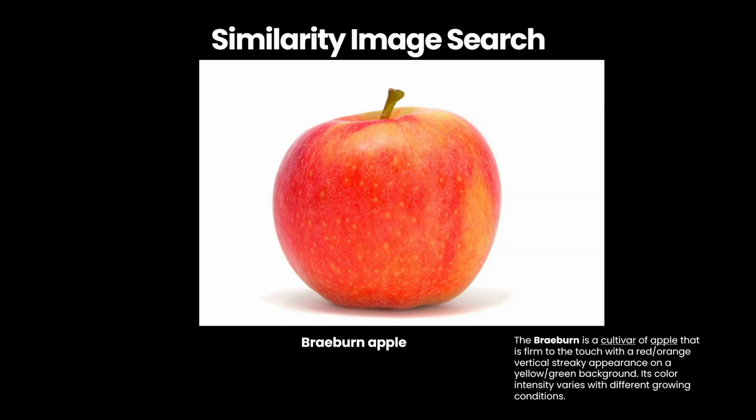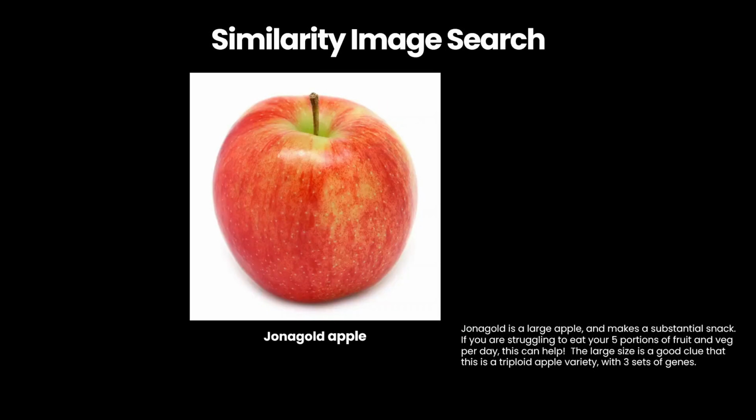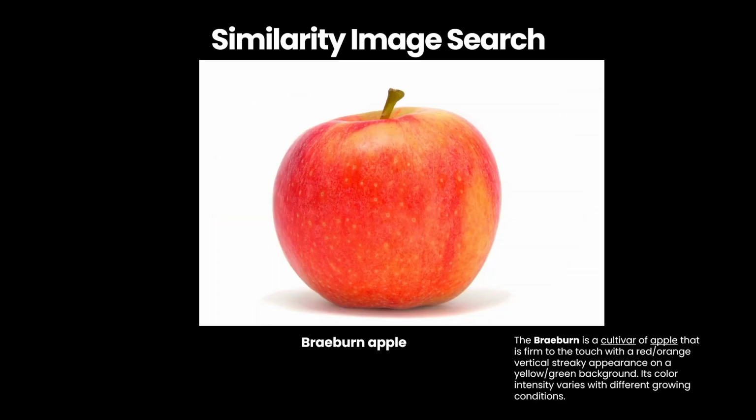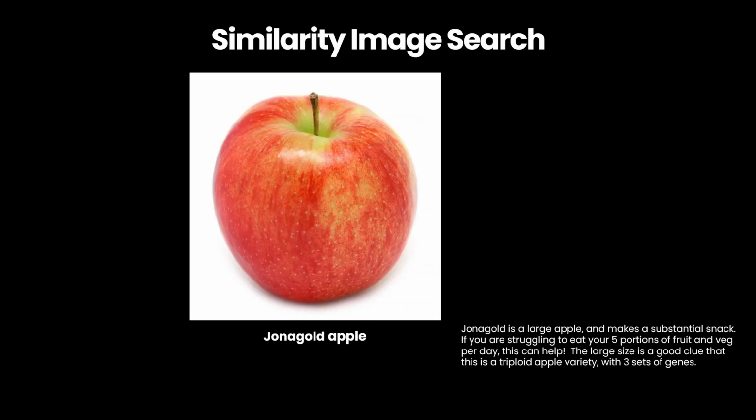When we try to search on this image, and if we have some images like this, we'll try to find similar images and we find that a Jonah Gold apple image appears. It is a large apple and it has got benefits. So that's how you take this image and you search on a similar image, it gets an image of a different type of apple, which is a Jonah Gold apple. We'll see this in action.